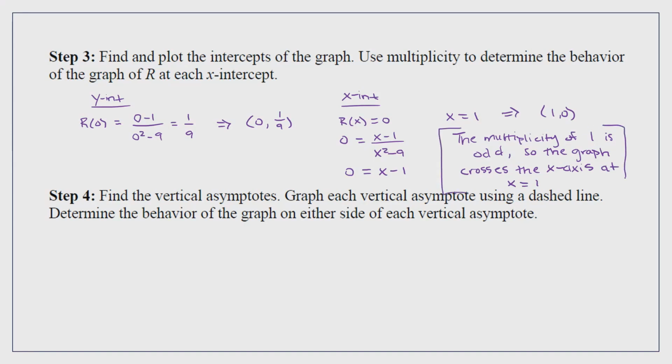That's the behavior of the multiplicity on our graph. And we have our x-intercept and our y-intercept.